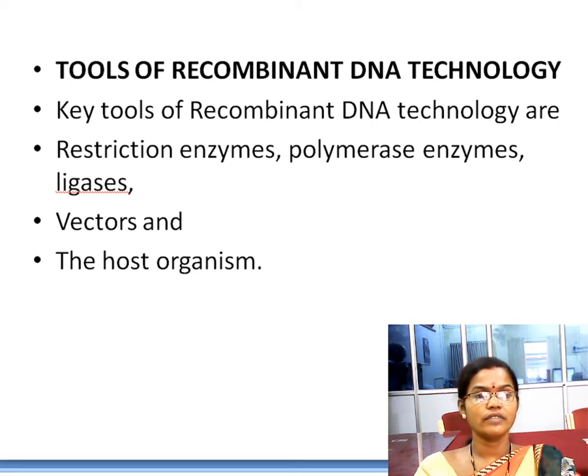There are 4 tools of genetic engineering or recombinant DNA technology. First of all, we are going to see the restriction enzymes. That is the first tool: enzymes, polymerase enzymes and ligases.